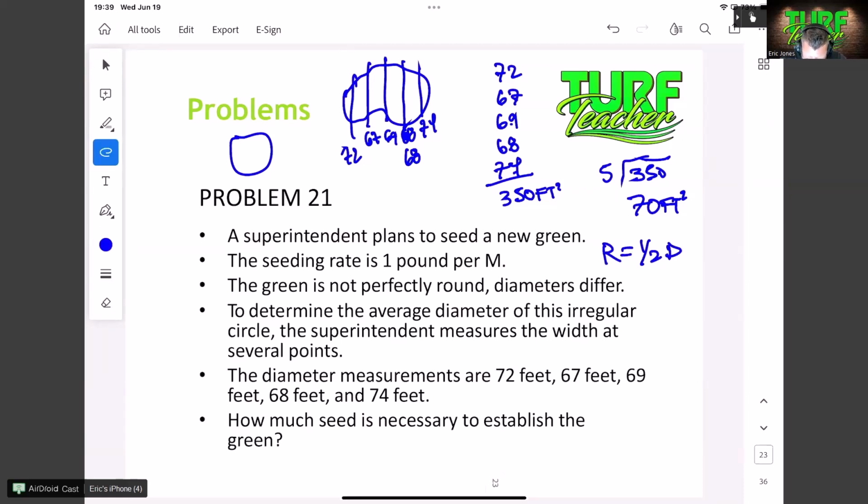So the radius is 70 divided by 2, so we have 35 feet for our radius, because 70 is our diameter. And so when we have that, we can take pi r squared: 3.14 times 35 times 35.